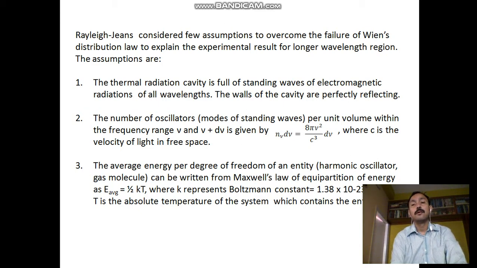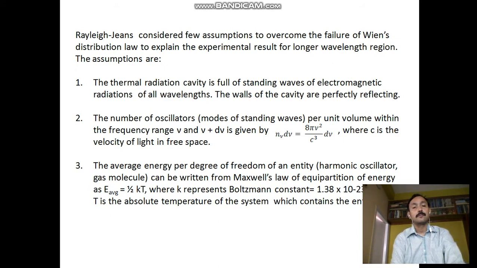The walls of the cavity are perfectly reflecting. Number 2, the number of oscillators, meaning modes of standing waves, per unit volume within the frequency range nu and nu plus d nu is given by n nu d nu is equal to 8 pi nu square by c cube d nu, where c is the velocity of light in vacuum.